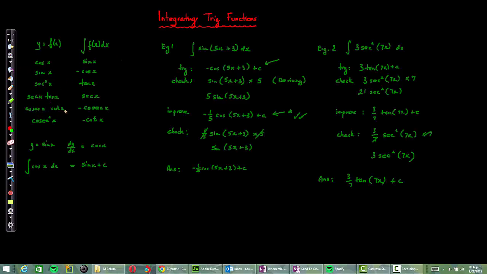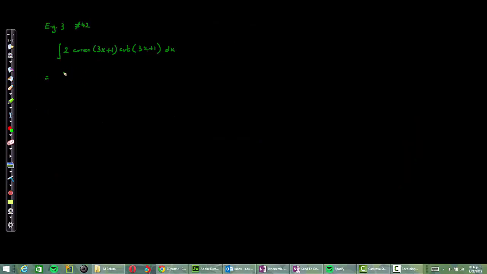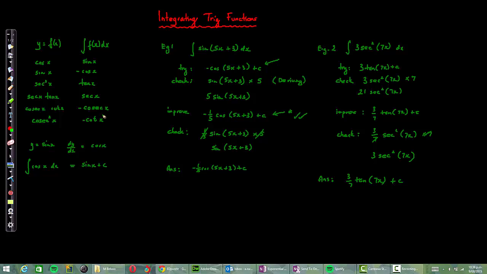The integral of cosec x cotan x is negative cosec x, and this is the same, so can we simply say that maybe the answer then is negative 2 cosec, what was it again? Cosec, yeah, not cosec squared.